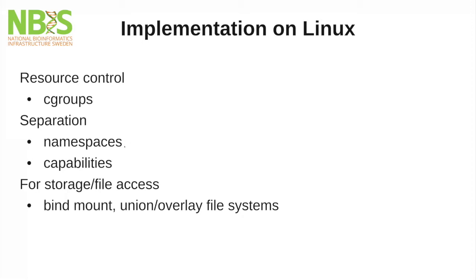And there are capabilities, which is a way to control permissions more fine-grained than we used to. And we also have things for magic in the file system with bind mounts, so you can make something appear at different places. Union or overlay file systems that present a union of some things.